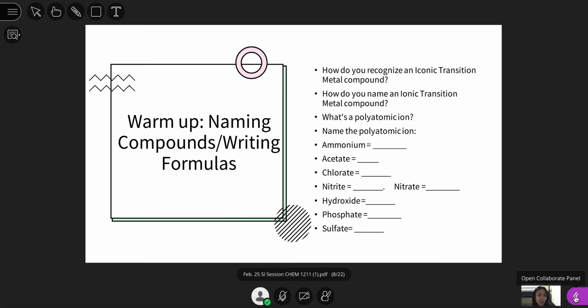If you have, for example, copper 2 oxide, or you have Cu, how would you know? Because copper is a transition metal, right? What's the first step you would take?